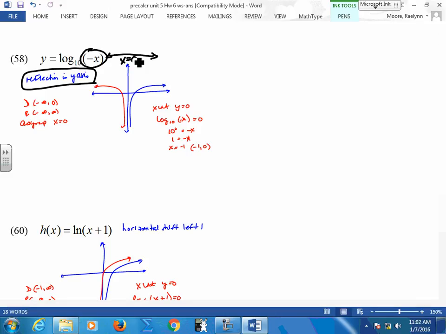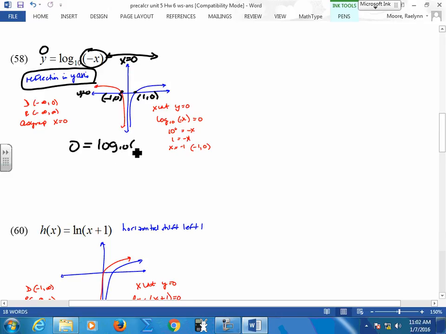Now to find your new intercept, graphically, we know that this point, when it reflects, goes over here, right? Algebraically, we're going to say, okay, set this guy equal to 0, because isn't this where y is equal to 0? We're just going to take this, log base 10. You're going to flip this back to an exponential equation.